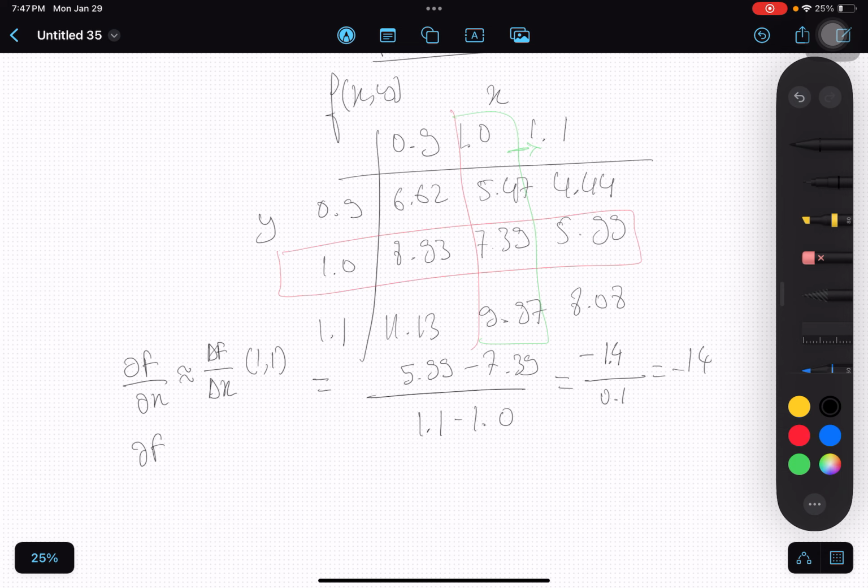Which is going to be equal to... In our case, we'll be taking this very tiny step from 1.0 to 1.1, and we'll be looking at surrounding values, keeping in mind that the value of x is frozen at 1.